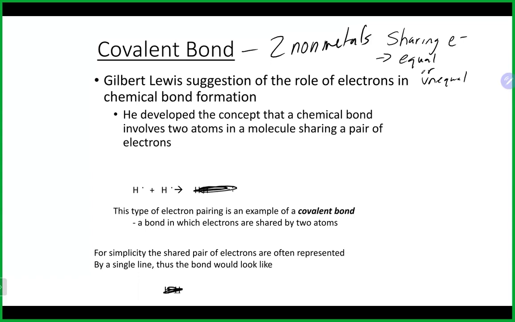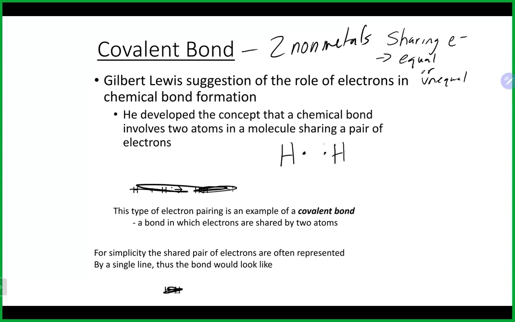So Gilbert Lewis suggested the role of covalent bonding, and hence why we call them Lewis structures, Lewis dot symbols, after this guy. So I'm just going to redraw this because I'm not sure what happened to all the dots. So we had two hydrogens. Obviously, in this case, they are both hydrogen. They're both nonmetals. They're both the identical element, which means they have the exact same periodic trends, which means neither one of them is going to want to give away their electrons.